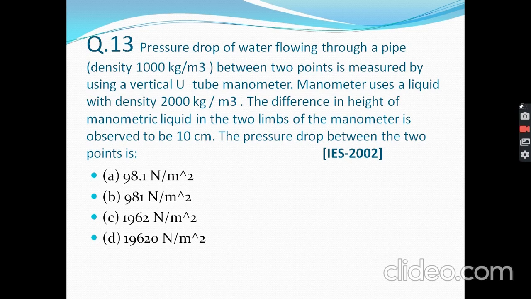Option A: flow direction is A to B and PA minus PB is equal to say 20 kilopascal. Option B: flow direction is B to A and PA minus PB is equal to say 1.4 kilopascal. Option C: flow direction is A to B and PB minus PA is equal to say 20 kilopascal. Option D: flow direction is B to A and PB minus PA is equal to say 1.4 kilopascal.